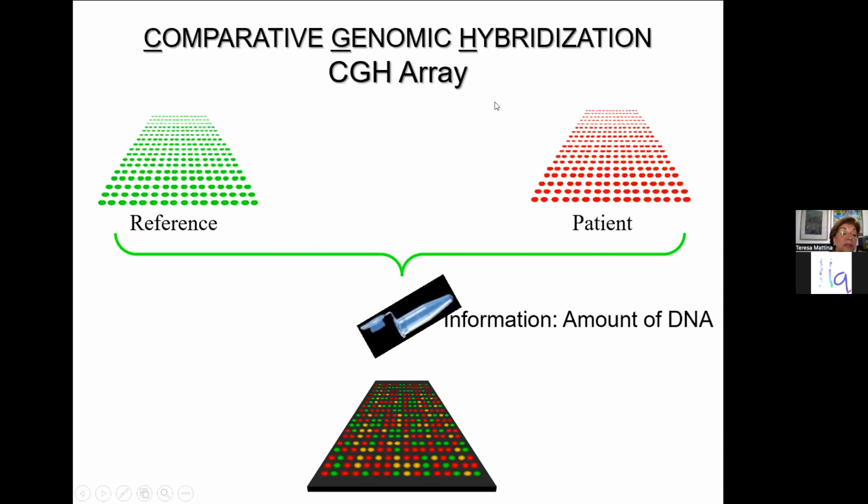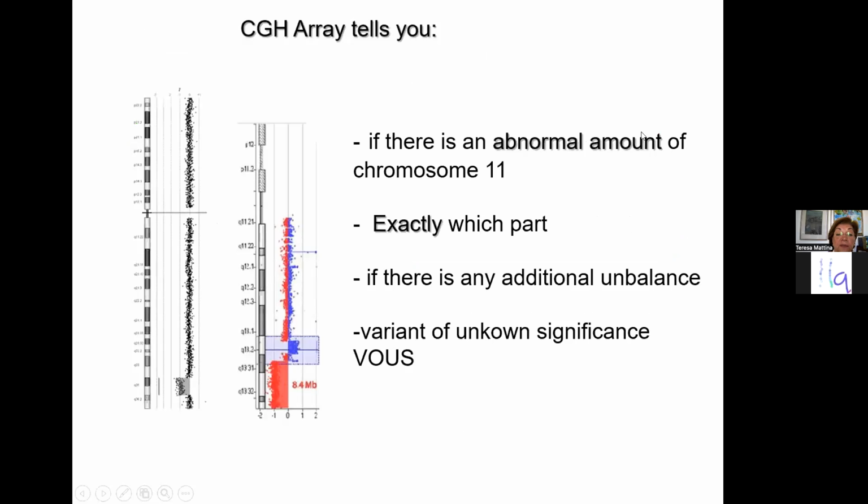So we know with the CGH array if there is any loss or gain in DNA, if there is any abnormal amount on chromosome 11, and we know exactly which part, so we know which genes are missing, if there is any additional imbalance. But we may also have some problems because we may find variants of unknown significance. They are called VOUS, variants of unknown significance.